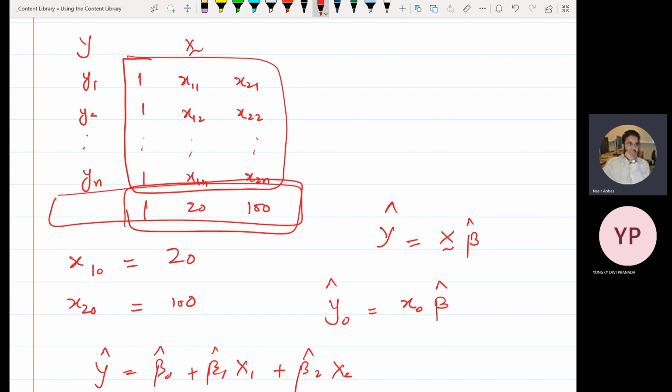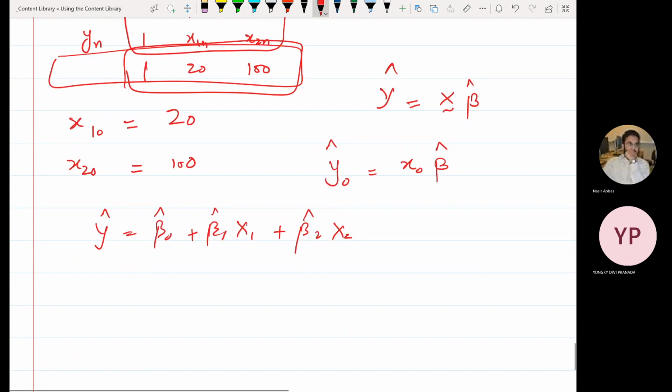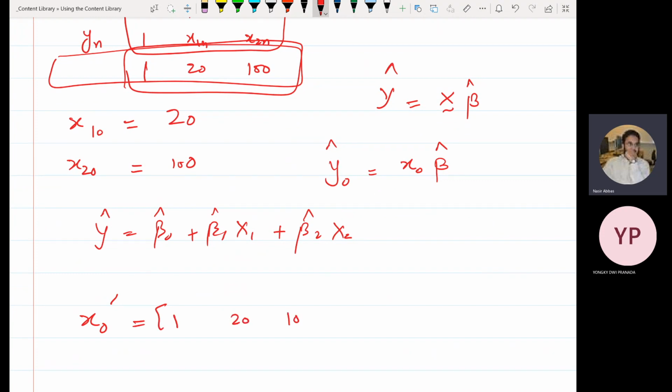The notation I'm going to give to the new row is x naught prime and not x naught, because I'm going to define x naught as a column, but I need it as a row. So the notation for this one is x naught prime equals 1, 20, and 100.